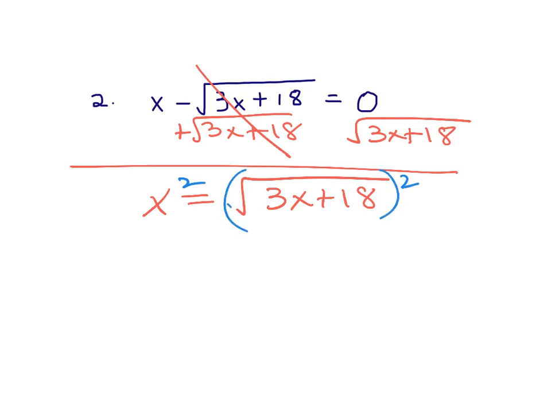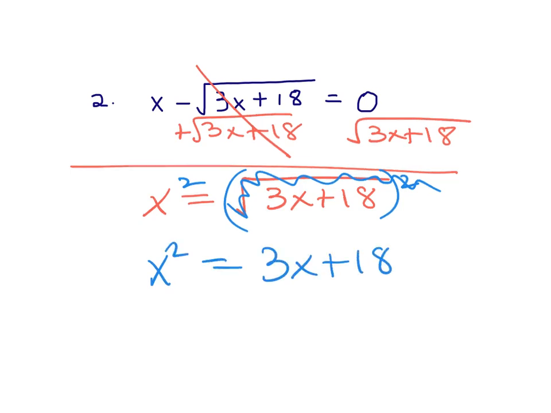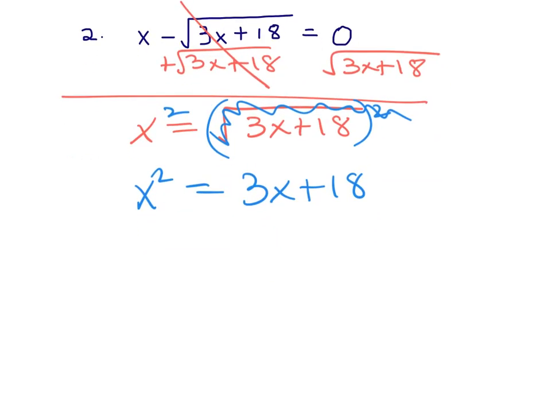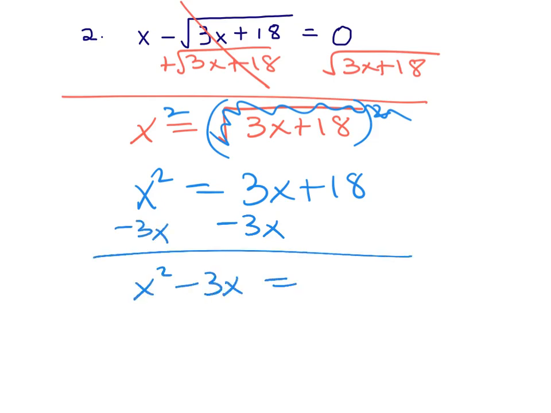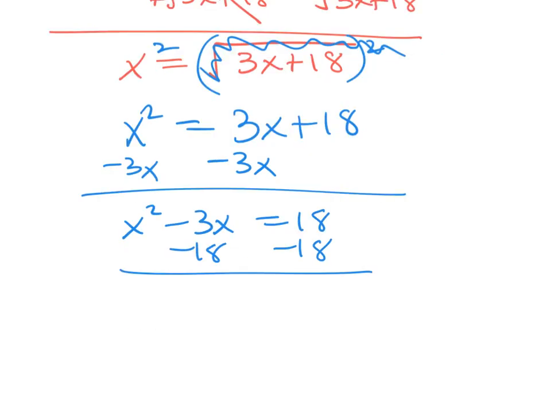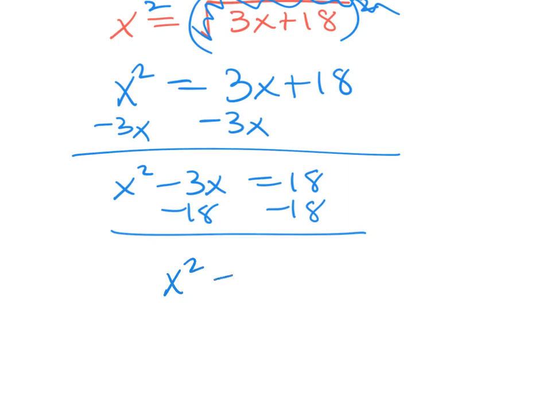Again, squaring this square root makes it cancel. I'm left with x squared, 3x plus 18. I now need to get this thing in standard form so I can factor it. So minus 3x, x squared minus 3x equals 18. Subtract the 18. X squared minus 3x minus 18 equals 0.